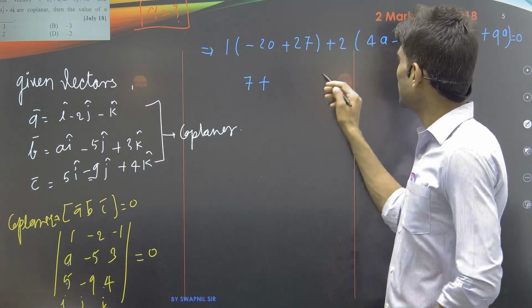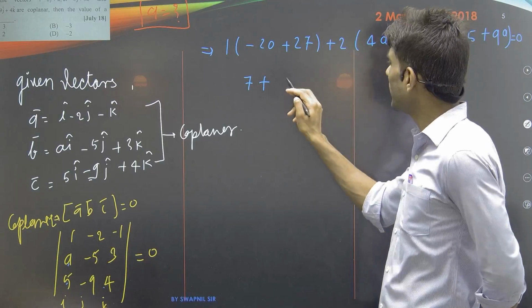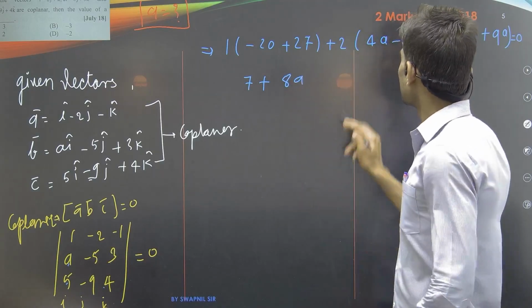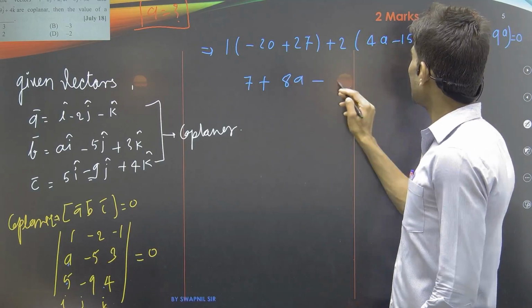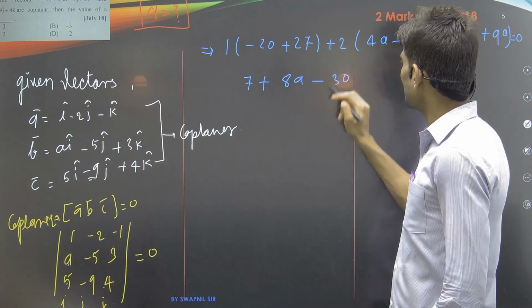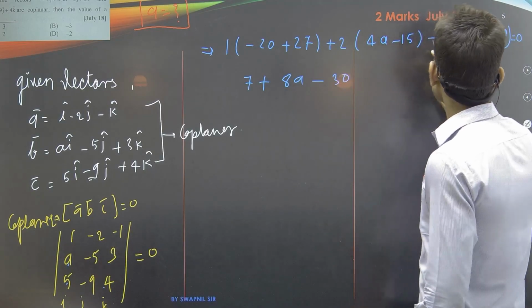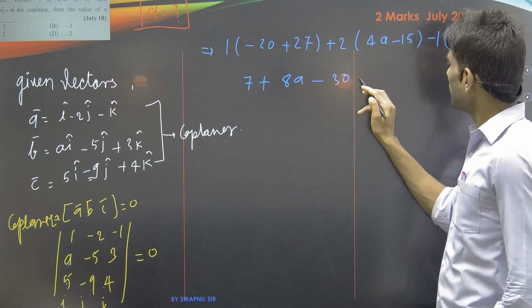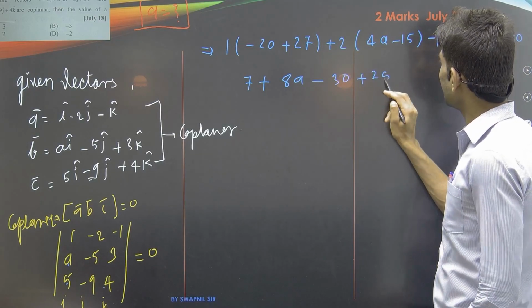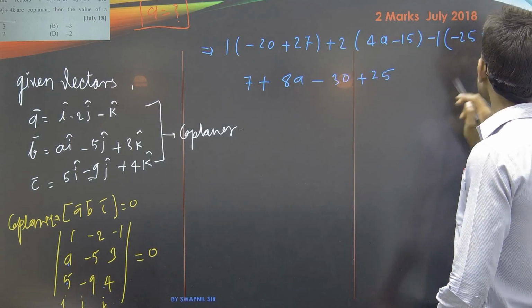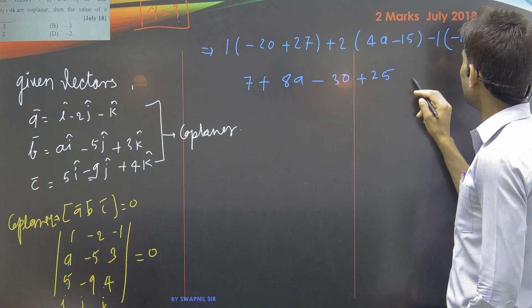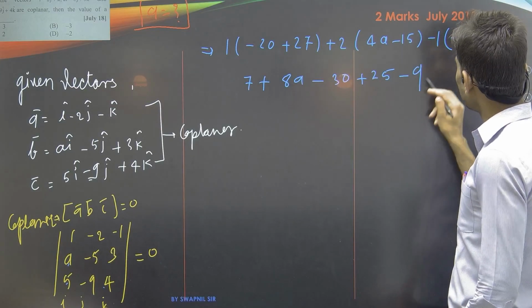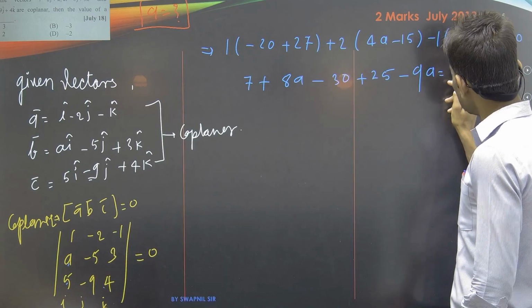So 2 multiplied by 4a gives 8a, negative 2 multiplied by 15 gives 30. Again, negative 1 multiplied by negative 25 is positive 25, and negative 1 multiplied by 9 gives negative 9 times a, which is equal to 0.